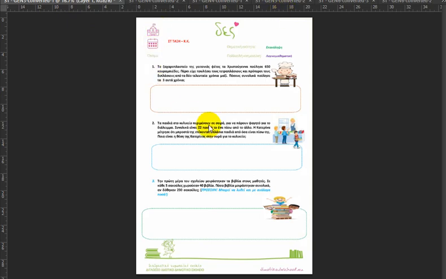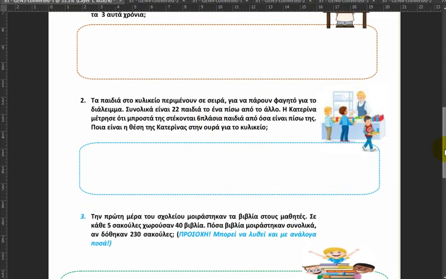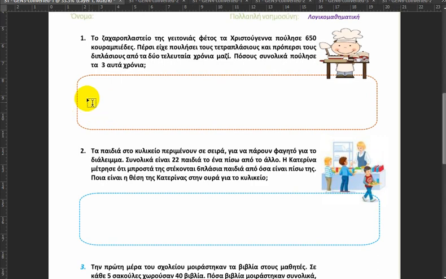Okay, we have some problems here. We have a problem about a bakery and how they sold 650 rapieles.